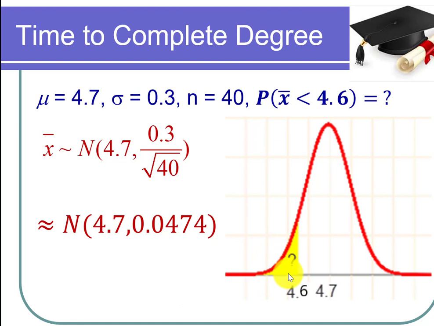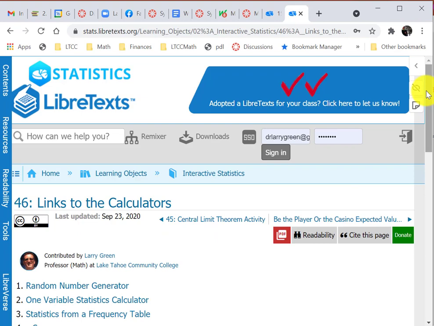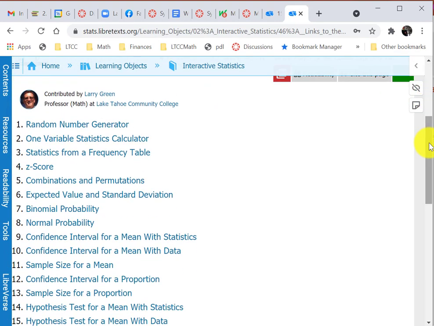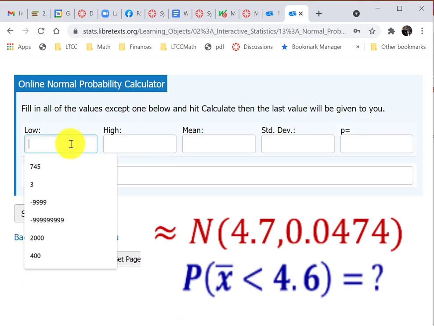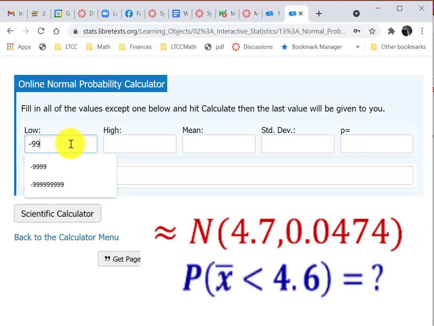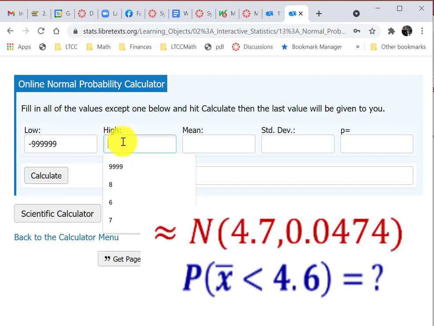So to get that area, what I need to do now is go to my calculator. So here's the calculator. I'm going to scroll down a bit, and I have a normal distribution. So I'm going to click on normal probability. And then the low is as far left as you can get, so the low is negative 9999999. The high was 4.6.